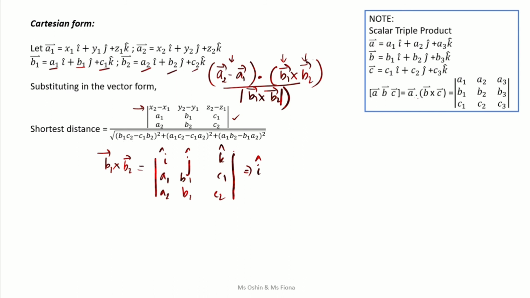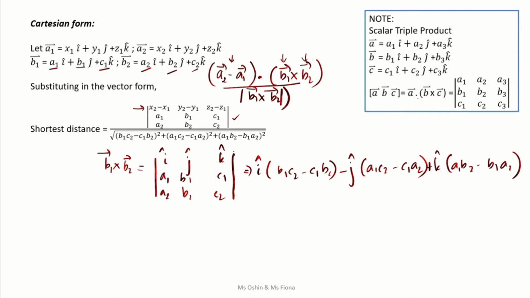So the cross product will be equal to i cap into (b1 c2 minus c1 b2) minus j cap into (a1 c2 minus c1 a2) plus k cap into (a1 b2 minus b1 a2).